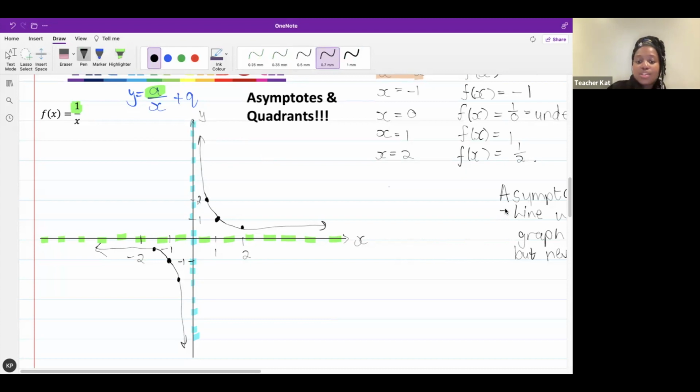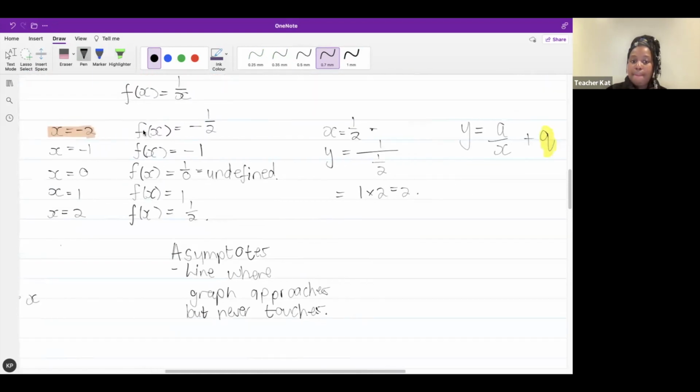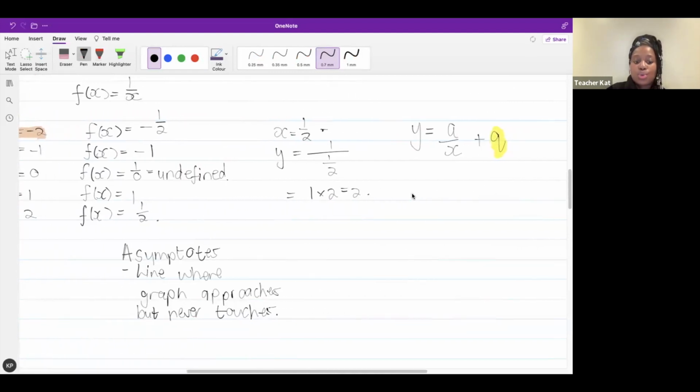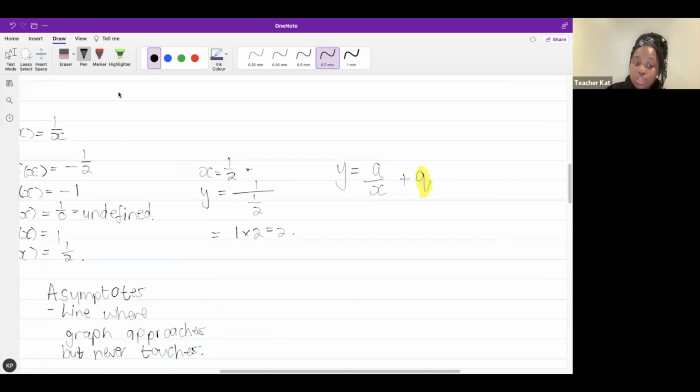There are a lot of features, but all I'm going to say is if a is positive, first let's number my quadrants. You should have done them in Trig: first quadrant, second quadrant, third quadrant, and fourth quadrant. Your hyperbola will always be in 2 quadrants unless there is a restriction.